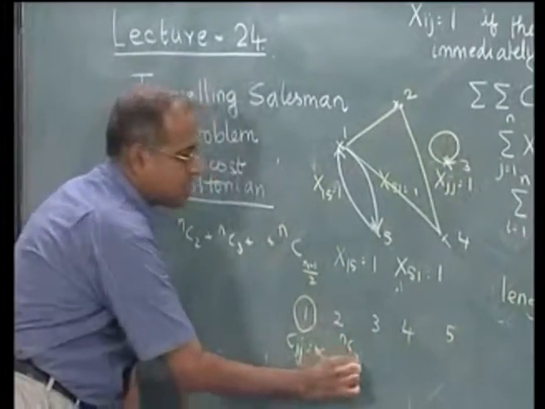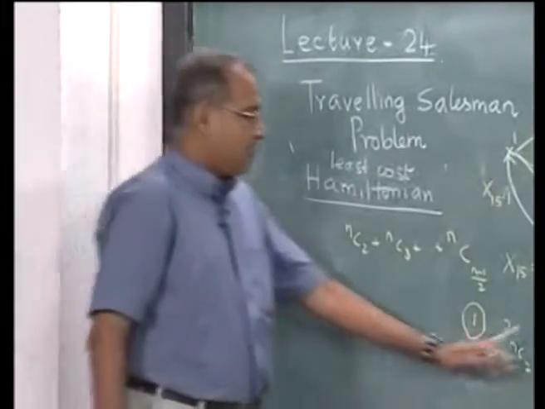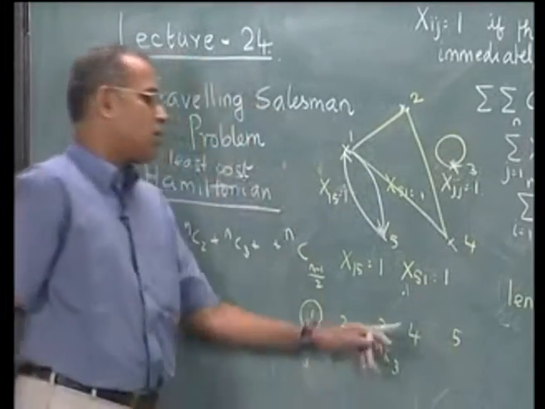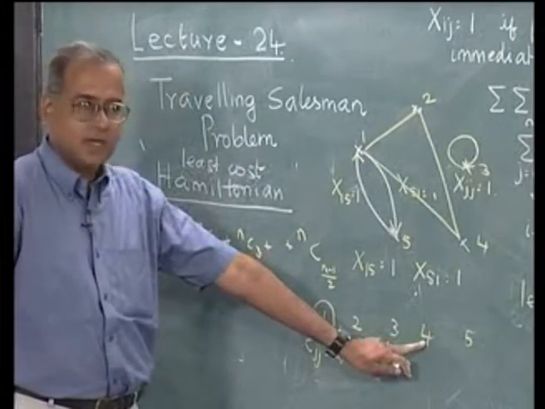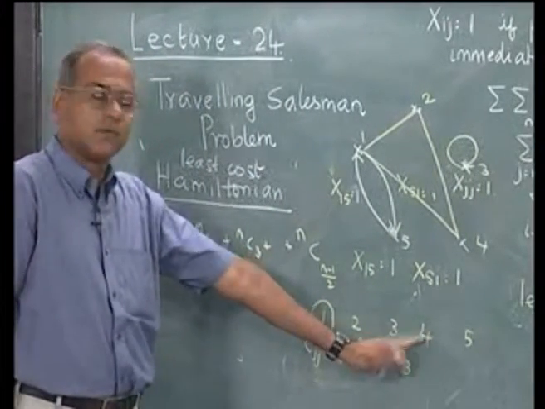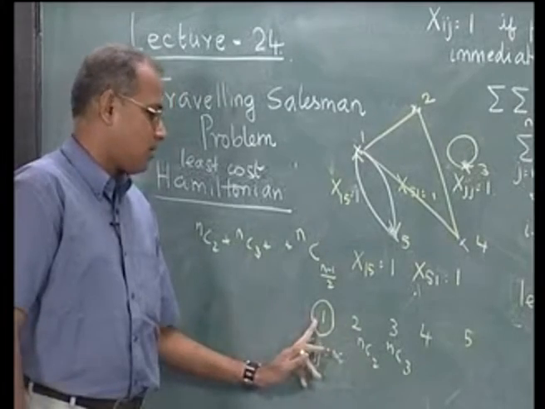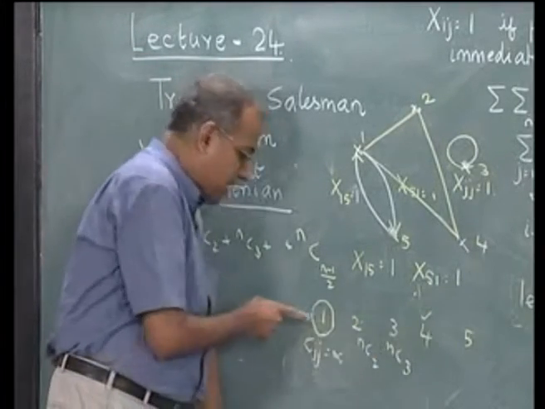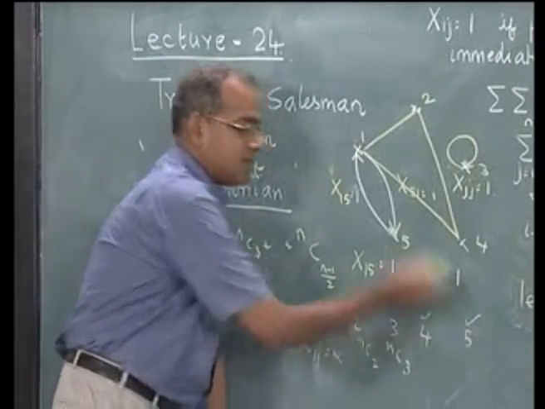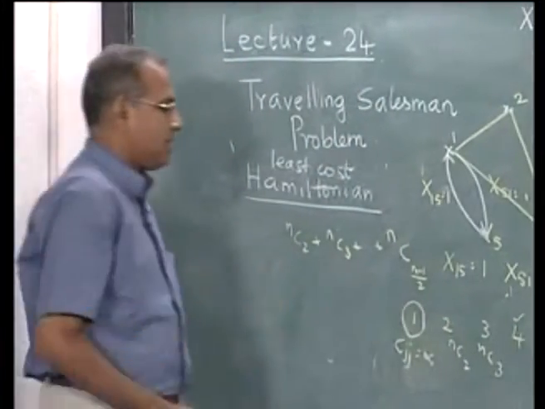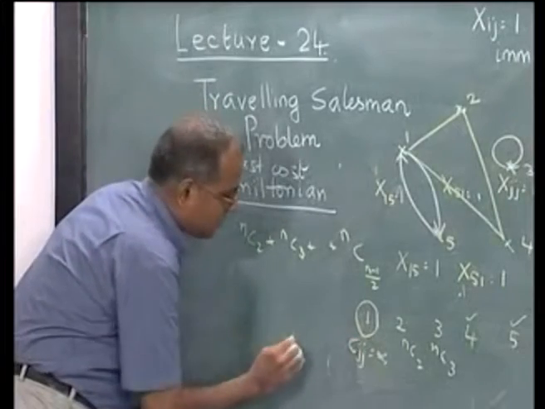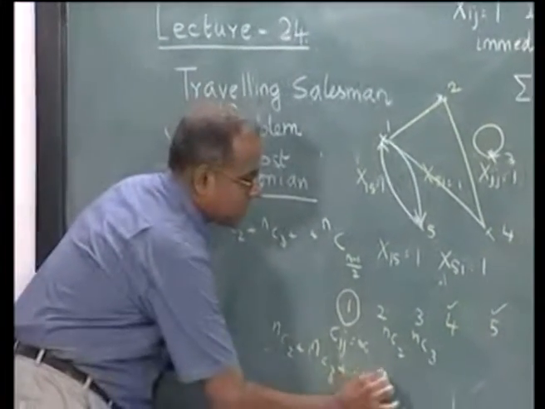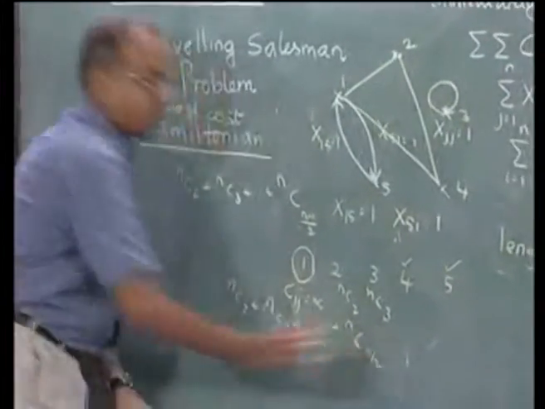Length 2 we do by nC2. Now, we have to do length 3 by doing nC3. Then you can go back and say for every subtour of length 4, we should have subtours of lengths 2 and 1. So, by eliminating these two, we have eliminated this, and by eliminating this, we eliminate this. So, when n is even, we end up doing nC2 plus nC3 plus etc. plus nC n by 2.